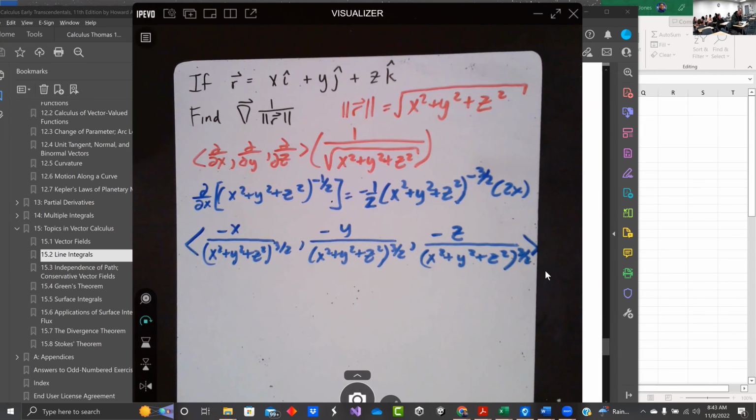Then F equals the gradient of phi. So we can take the gradient of phi.